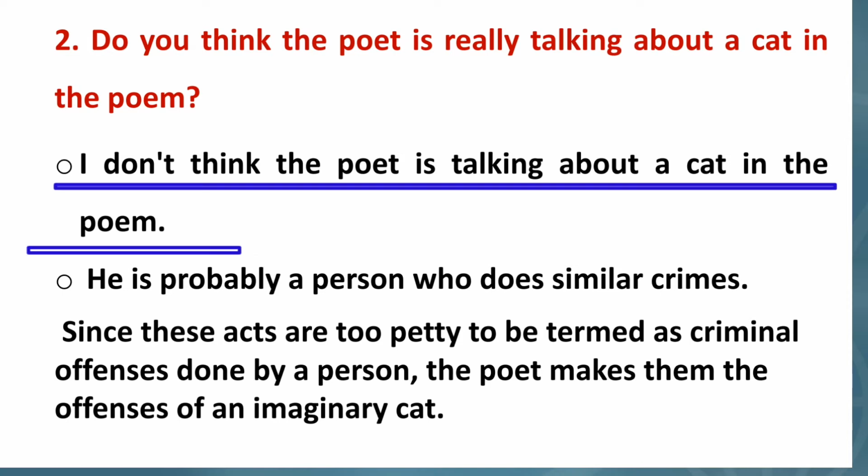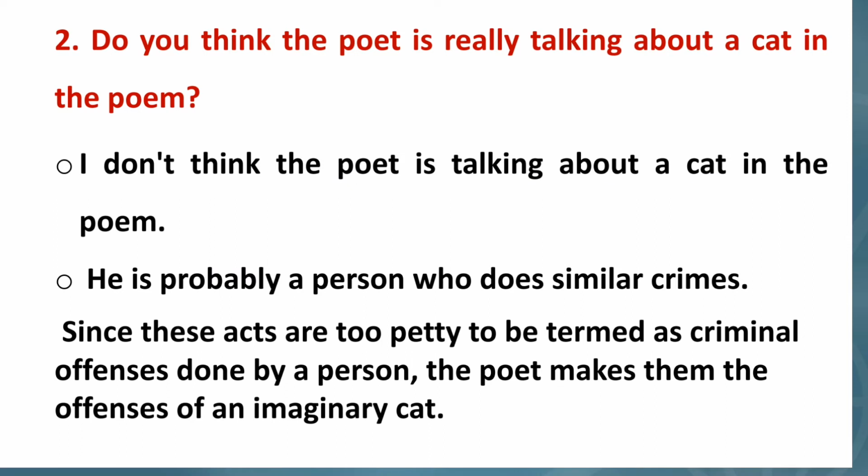I don't think the poet is talking about a cat in the poem. So he is probably a person. Indirectly T.S. Eliot is talking about a person who does similar crimes. So he may be a person who commits the same type of petty crimes. Petty crimes means silly, small crimes.